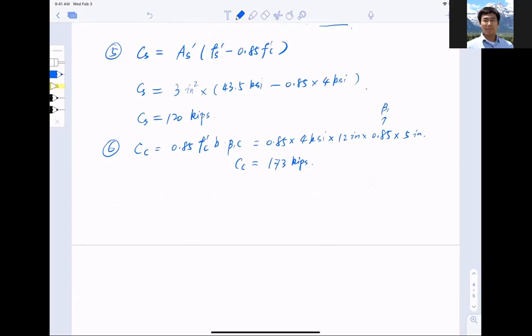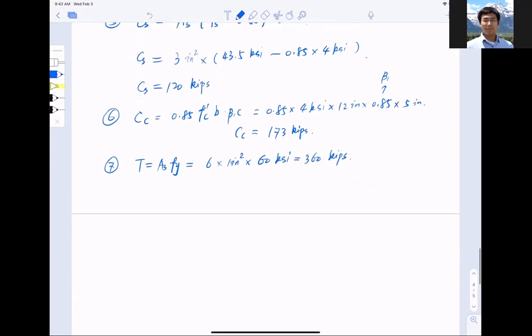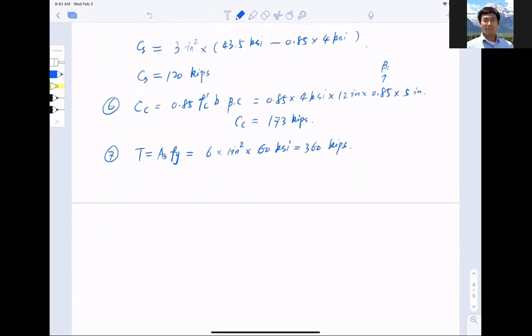All right, so now step number 7, T, which is the tension side, equal to As fy. And that is what? 6 number 9 bars, yielded at 60 KSI. So I have 360 kips of total tension force, right? Now let's check if the balance is holding.